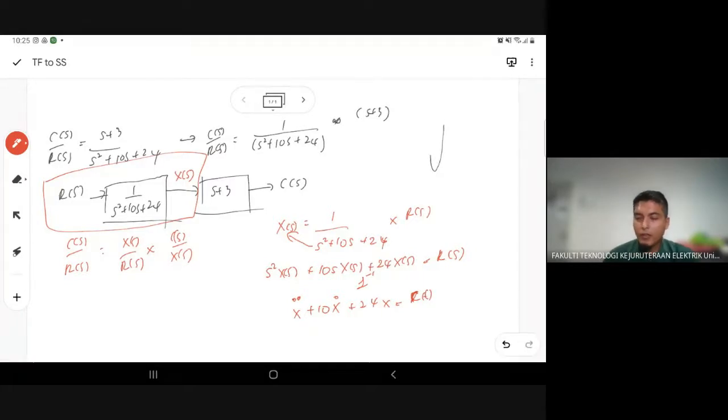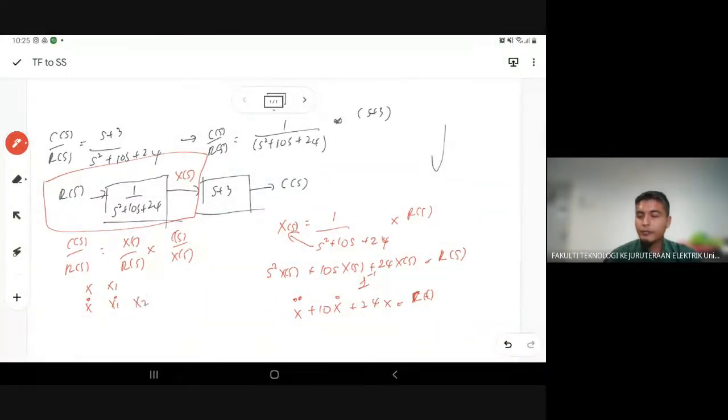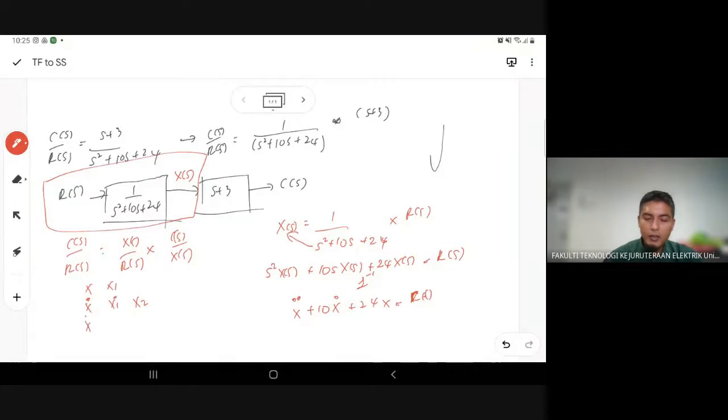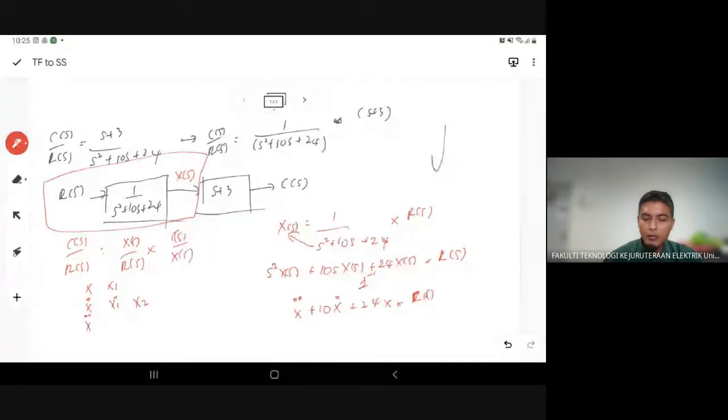And then for sure you need to use this table. x, you can name x1. x dot equal to x1 dot equal to x2. And then after that, x double dot equal to x2 dot.